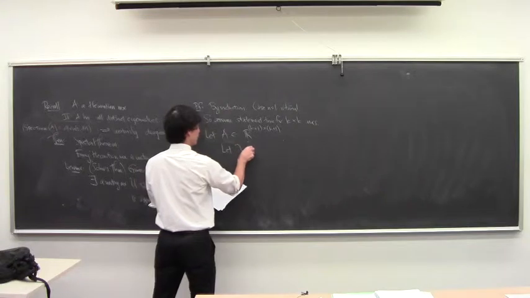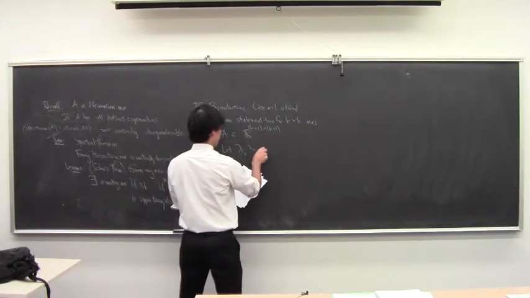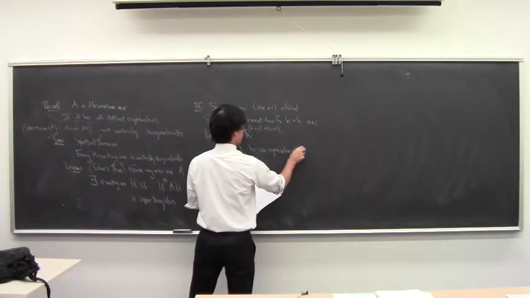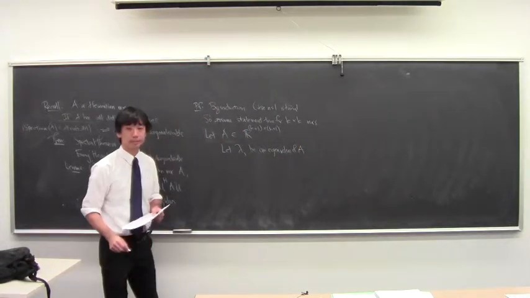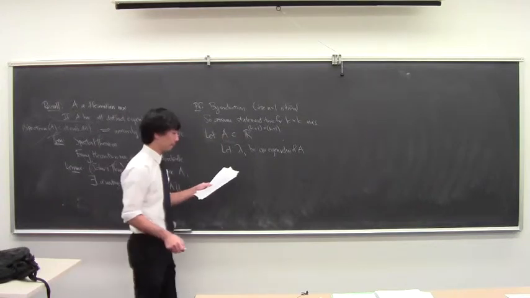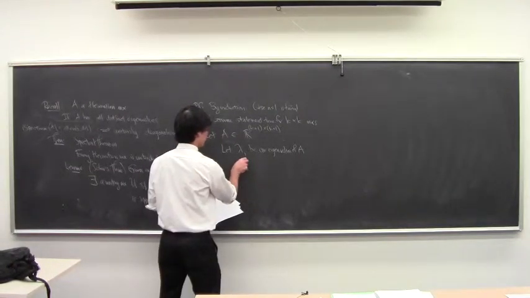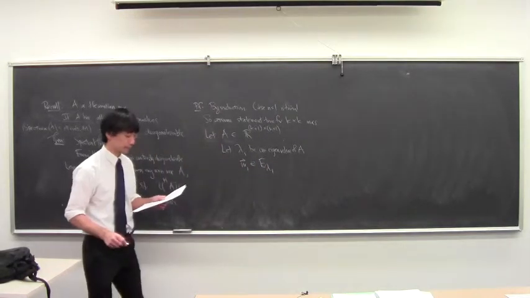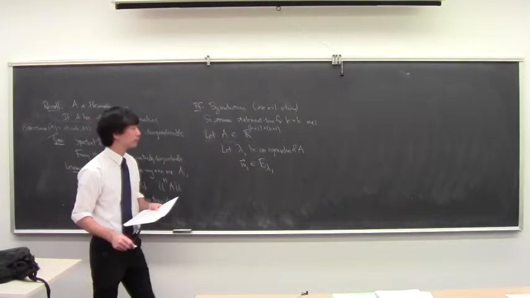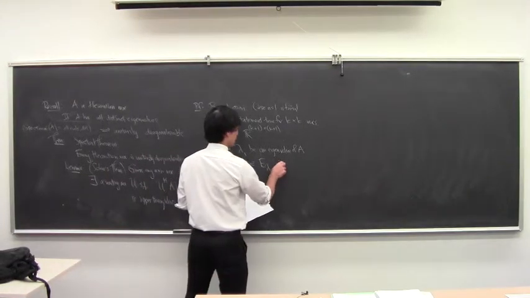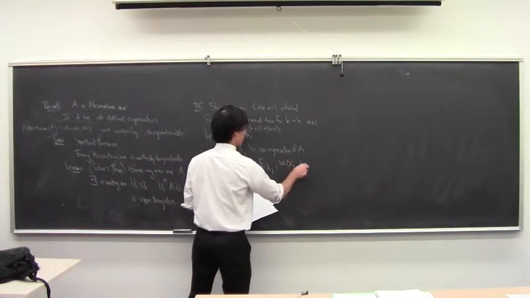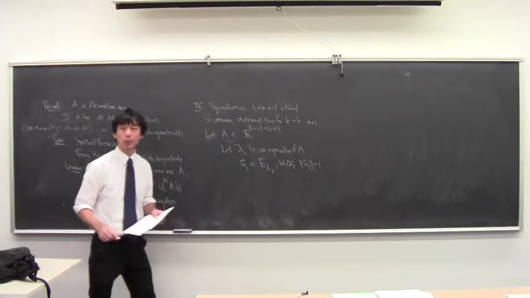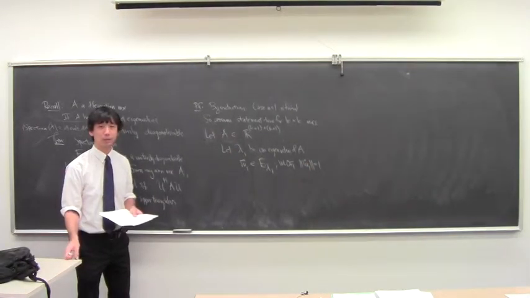Let lambda 1 be any eigenvalue of A, and let W1 be in the corresponding eigenspace. Let's normalize it. Let's just assume that the norm of that thing is 1. If it's not 1, you just normalize it.